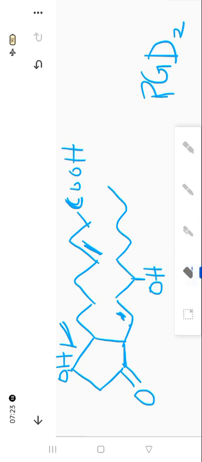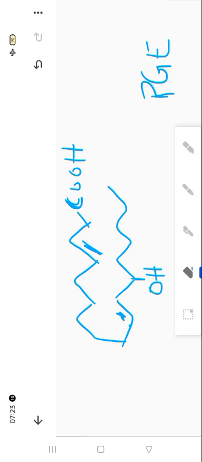Now for prostaglandin E, we will reverse the structure. Reverse it in the sense that the hydroxyl group here, sorry, is seen on carbon 11, and the ketone group is seen on carbon 9, right?